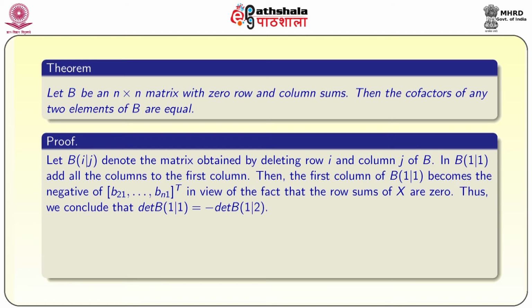In B_{11}, the matrix obtained from B by deleting row 1 and column 1, add all the columns into the first column. Then the first column of B_{11} becomes the negative of (B_{21}, and so on, B_{n1}) transpose, in view of the fact that the row sums of B are 0.